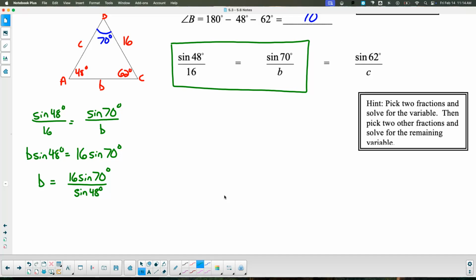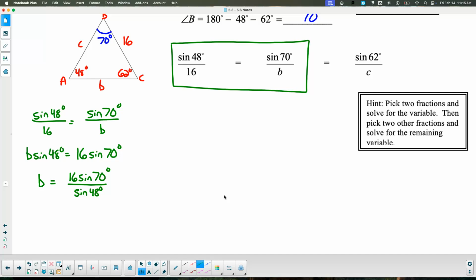Now, I will tell you, depending upon the style of calculator that you use, most of you have the TI-30XS calculators, and that's fine. It's a great calculator. It's all you need for this entire class.